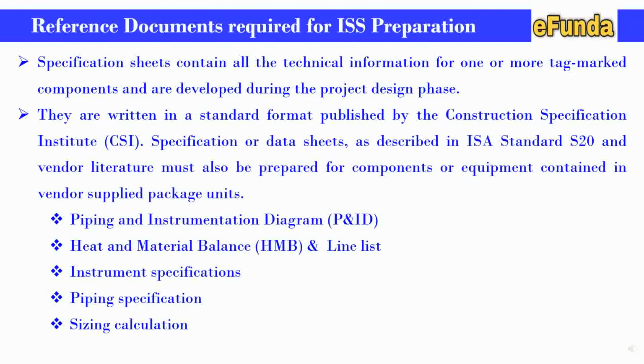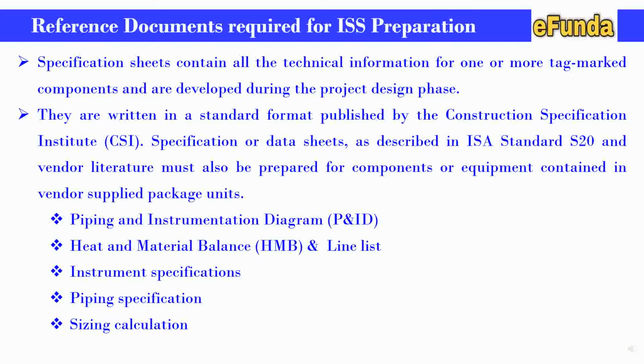They are written in a standard format published by Construction Specification Institute, that is CSI, specification or a data sheet as described in ISA standard S20, and vendor literature must also be prepared for components or equipment contained in the vendor supplied package unit. This information is essential to have the standardized format.